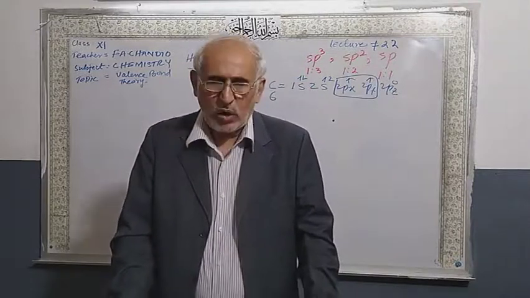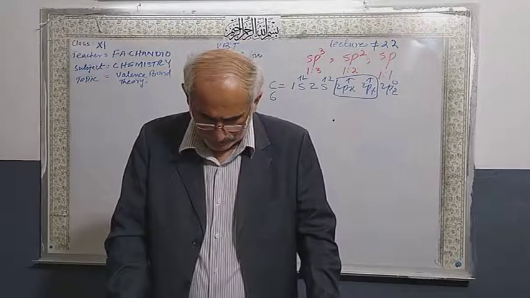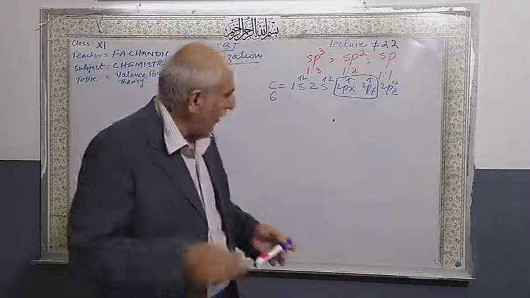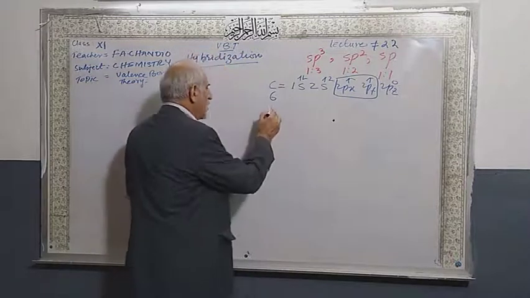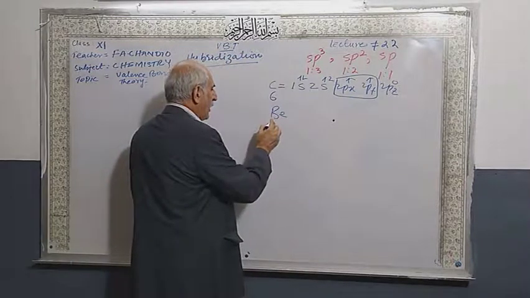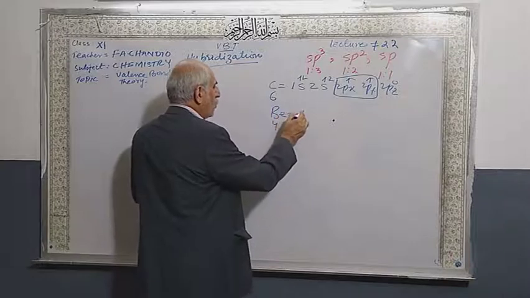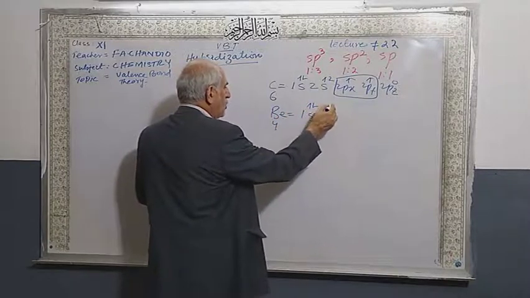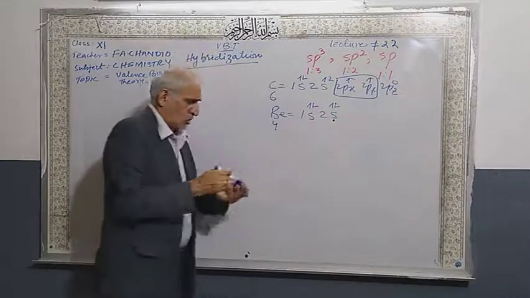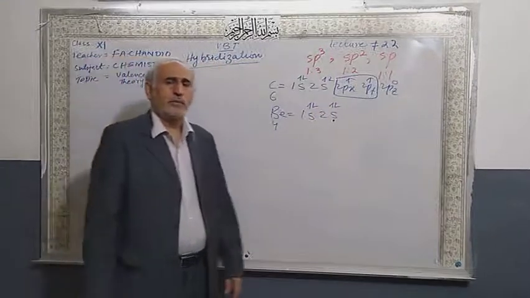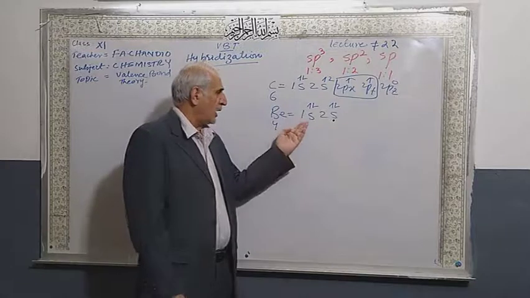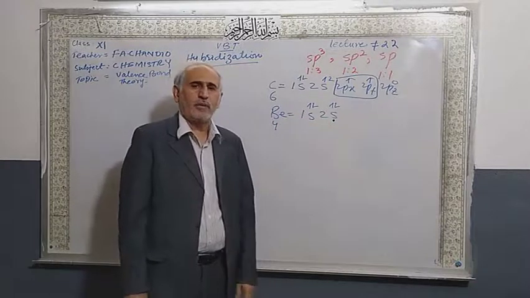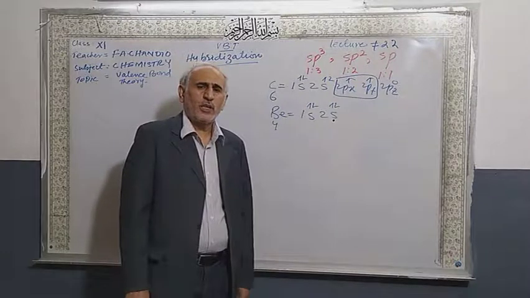Carbon has filled orbitals according to its electronic configuration, and not only carbon. You can see for beryllium, atomic number 4, 1s2 and 2s2, there are no unpaired electrons. The 1s is complete and 2s is also filled. There is no partially filled orbital.